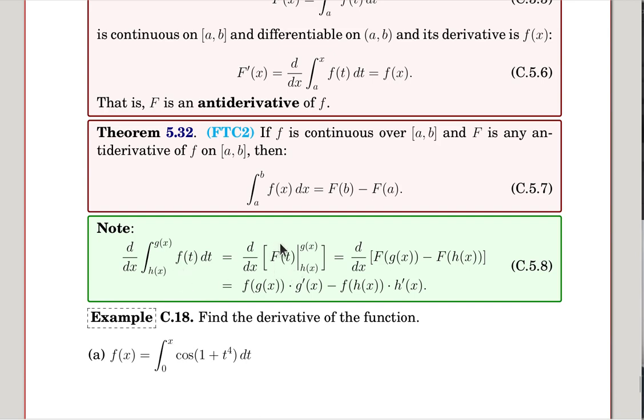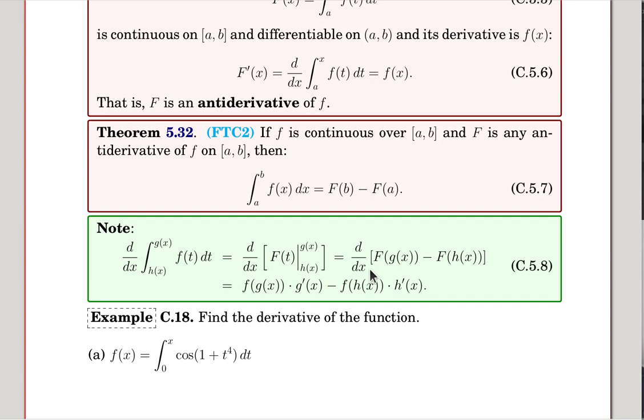Let's say capital F is an antiderivative of f. Then from part 2 of the fundamental theorem of calculus, we reach this one. Then that is the same as F of g of x minus F of h of x.